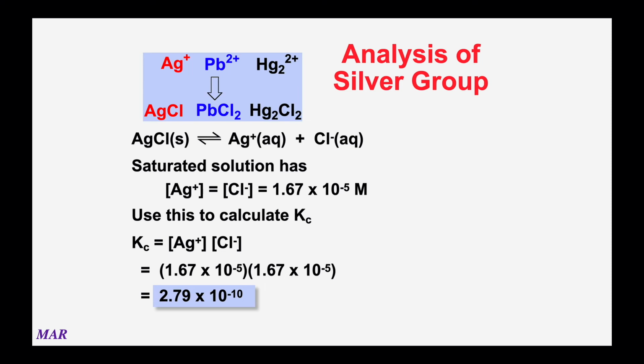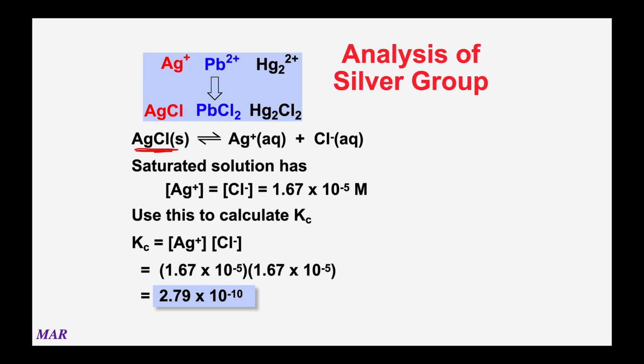And if you think about this equilibrium constant, it's a number much less than 1. That means very reactant favored. That tells us as scientists, silver chloride as a solid wants to form. All right, it's going to be easy to form because that K is so small. The silver chloride really, really wants to form.